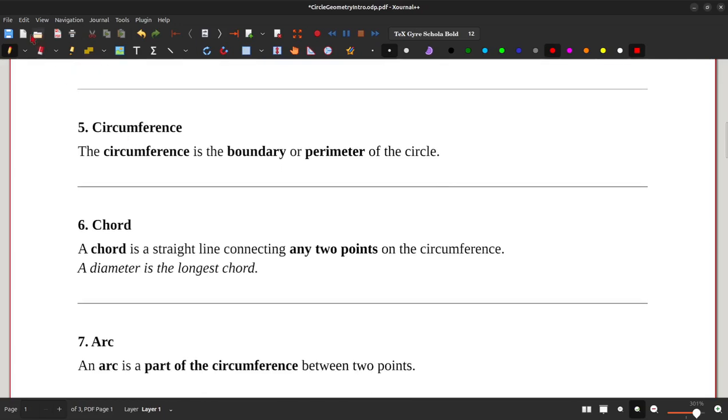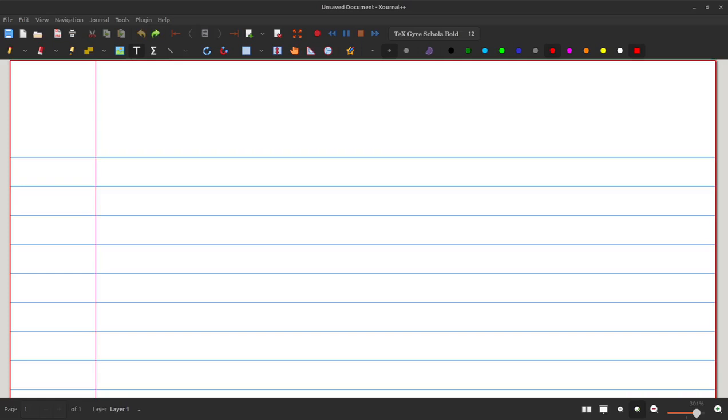Now, let's lay down or rather define some of the formulas linked with circles. The first one, we are going to define a diameter with respect to a radius. We have a diameter d, which we say is equal to 2 times the radius.